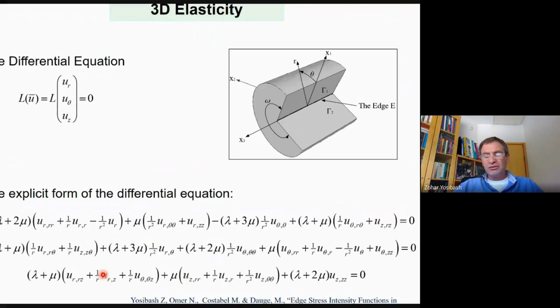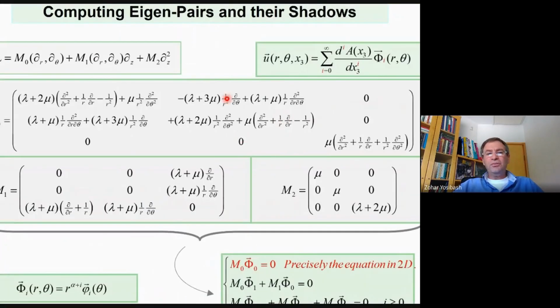And we want to solve this equation in the vicinity of this line here, which is the edge. And again, I'm not talking about the vertices, because there the solution changes. But I move a little bit from the vertices, and I say I want to compute the stress intensity functions along this line. Again, what we do, we split the operator into 3: m0, m1 times dz, and m2 times dz squared.